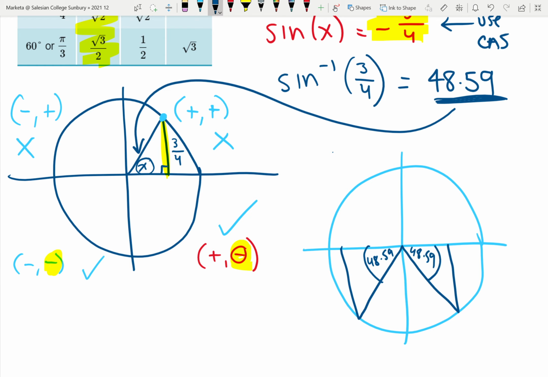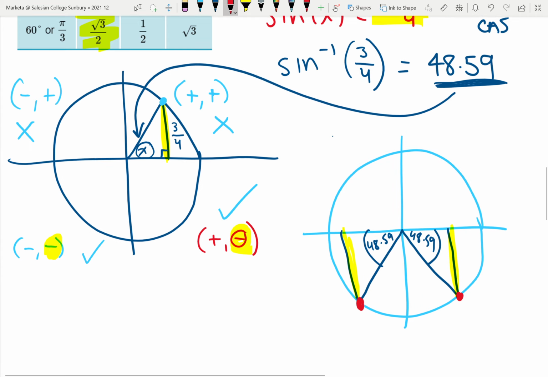Think about it that we're just lifting this original triangle up and flipping it around and putting it in these other quadrants. So we see that the lengths here are still the same, they're 3/4, but because they are in the negative zone of the y-axis or the sine axis, they're going to be negative 3 on 4. So these are our triangles that we need to refer to when we're solving for x.